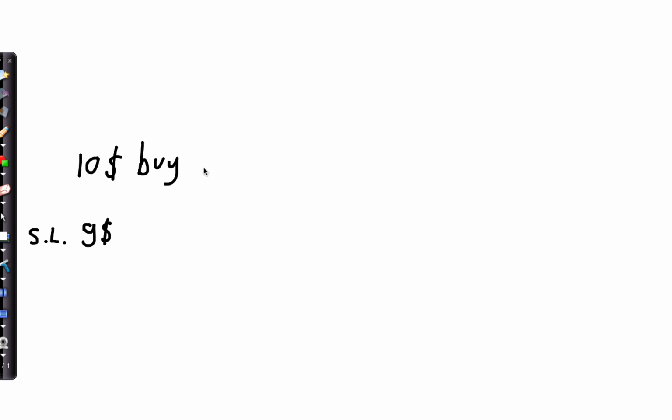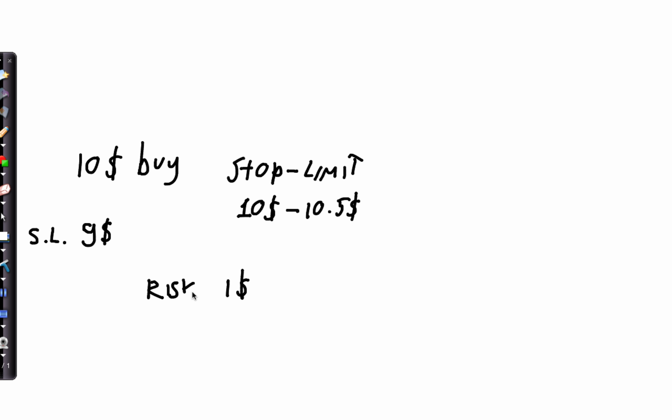So with a stop limit order, suppose you have a stop limit that is $10 stop and $10.5 limit. I know that I expect on average to buy something between 10 and 10.5. So if I know that I buy from 10 to 10.5, I know that in the best case, I buy at 10, stop loss at 9, so my risk is $1. Okay.